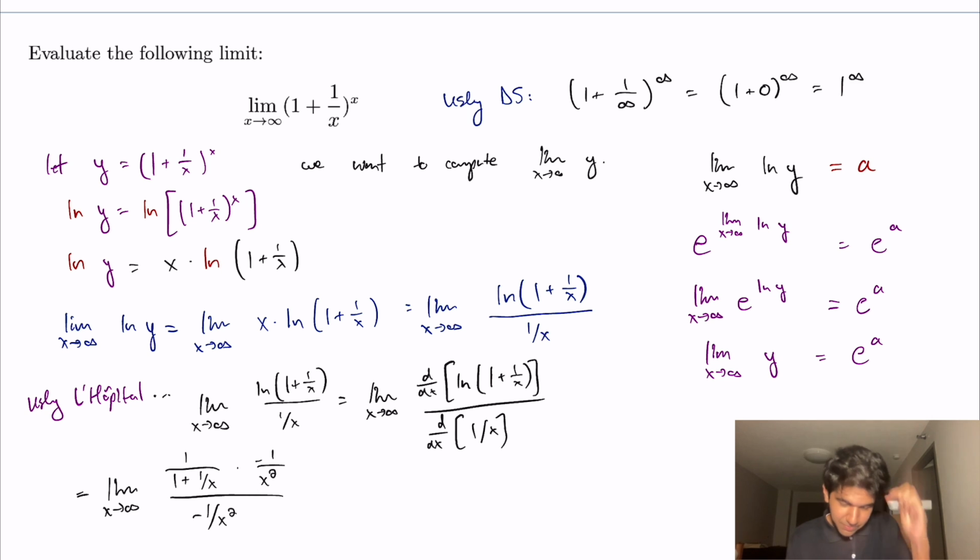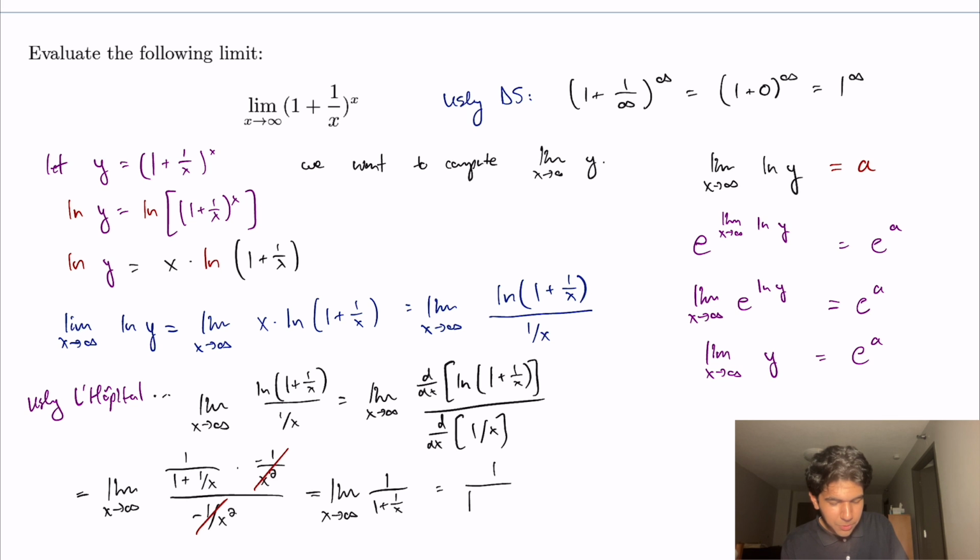We can see that these two terms cancel. So this is equal to the limit as x approaches infinity of 1 over 1 plus 1 over x. Now we can use direct substitution again to get 1 over 1 plus 1 over infinity, which is equal to 1.